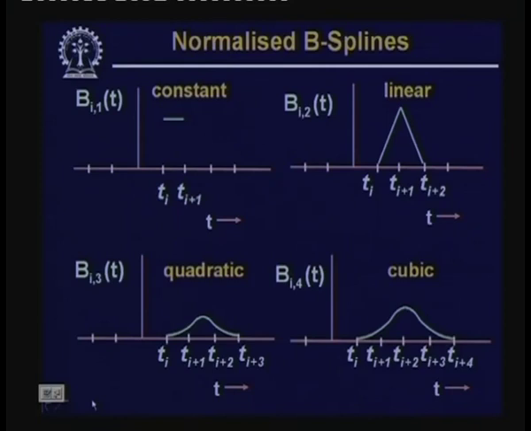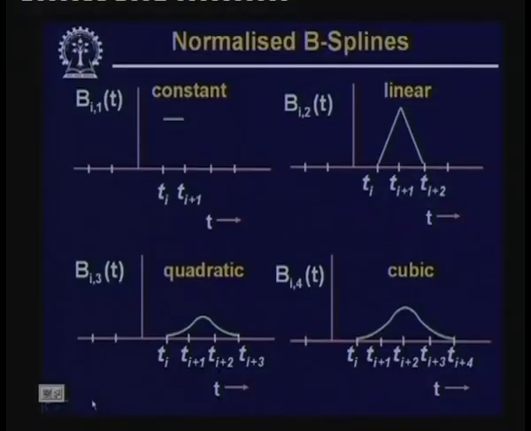And here you find that the region of support for b_i^1 is just one sample interval. For b_i^2 the region of support is 2 sample intervals, for b_i^3 it is 3 sample intervals, and for b_i^4 it is 4 sample intervals.